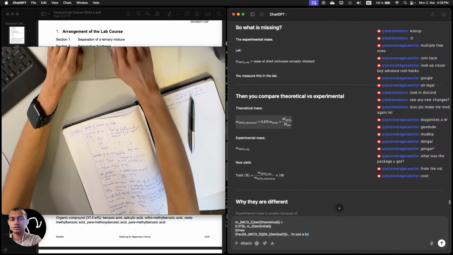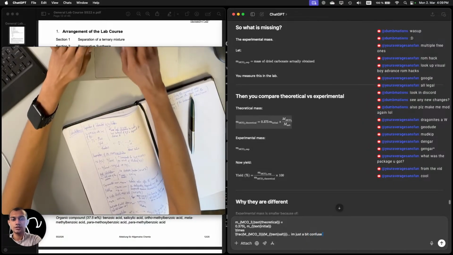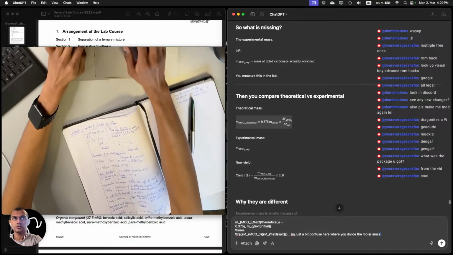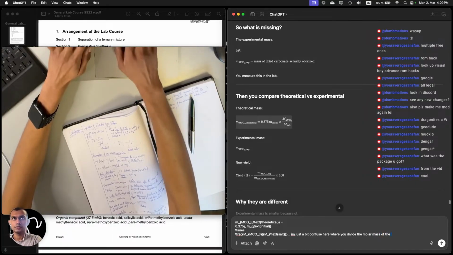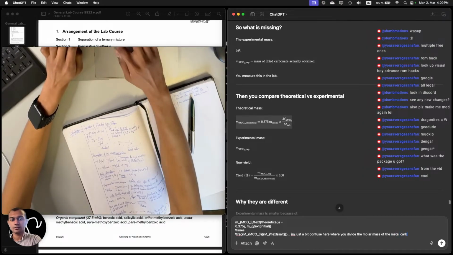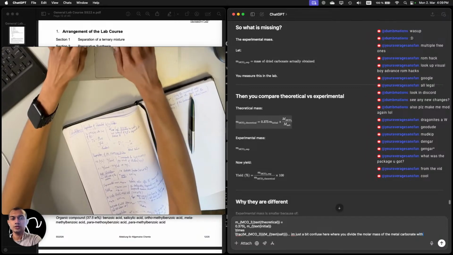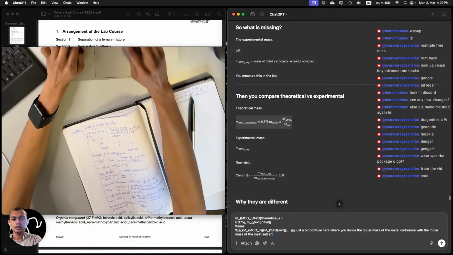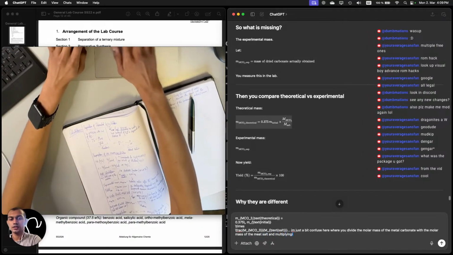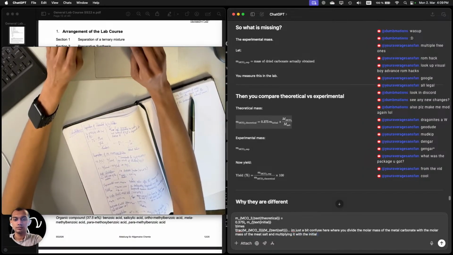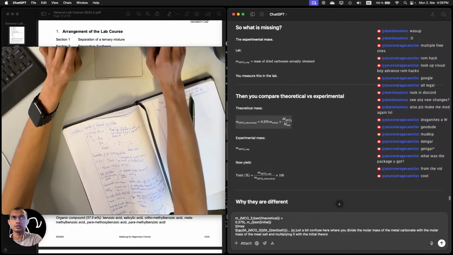Just a bit confused here where you divide the molar mass of the metal carbonate with the molar mass of the metal salt and multiplying it with the initial theoretical mass.